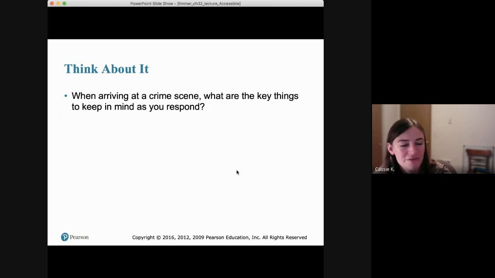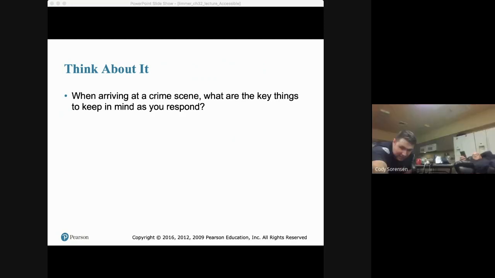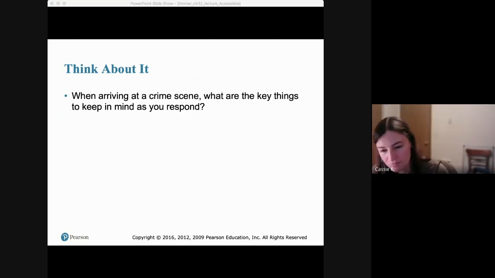So what are some things, if we are showing up to a sexual crime scene, that we might want to pay attention to or think about? Scene safety, yep, before we even enter.